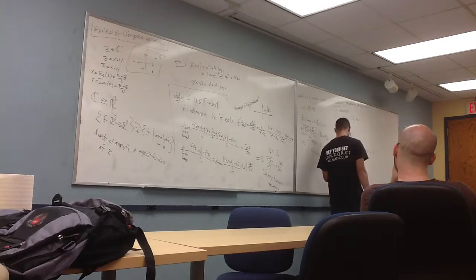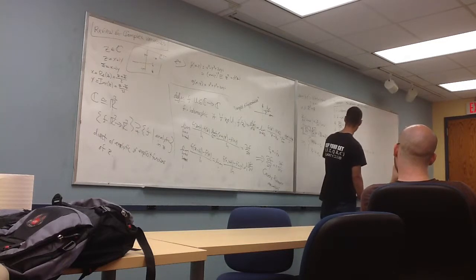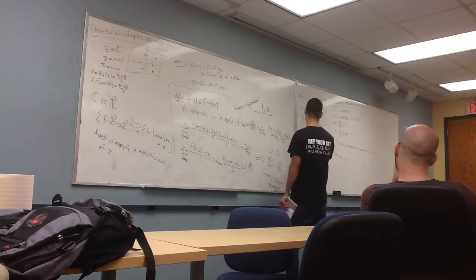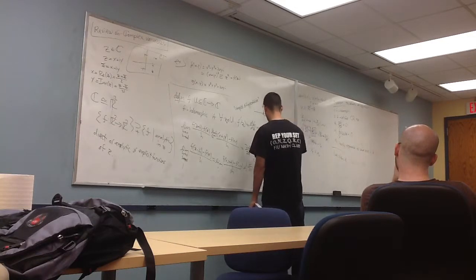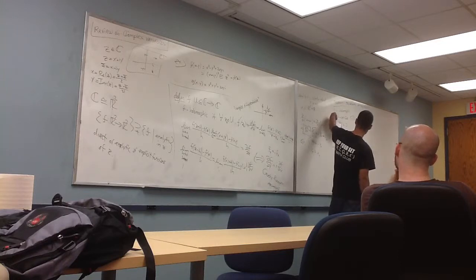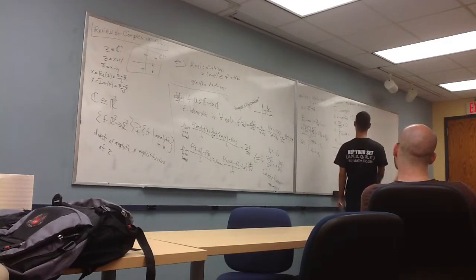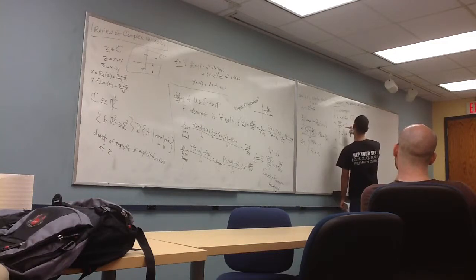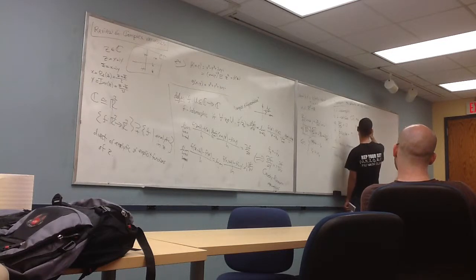This is almost trivial. I already did the forward direction; I can reverse all the arrows, and that shows 1 if and only if 2. I have to show if and only if 3. So f is a function of x and y, and we have its partials f_x and f_y. We're going to define the partial of f with respect to z and z bar.